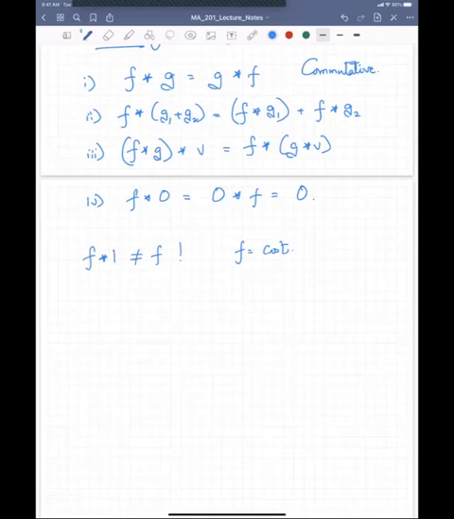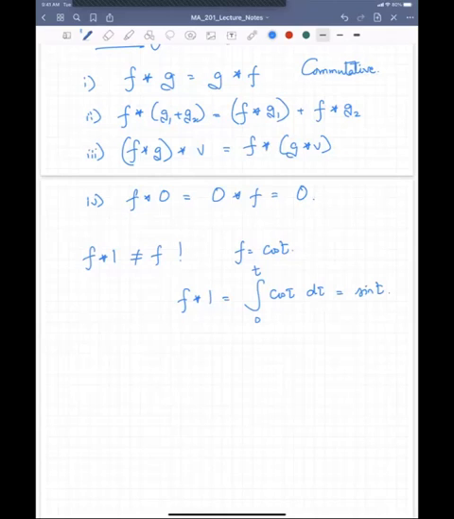So what is the convolution of f and 1? f convolution 1 is the integral from 0 to t of f of tau, cosine tau, 1 is just a constant, d tau, and this is sine t. So the convolution of f and 1 is sine t and not the function itself. Okay. So this is important to know. This is a certain unusual property of convolution because of the way it is defined.